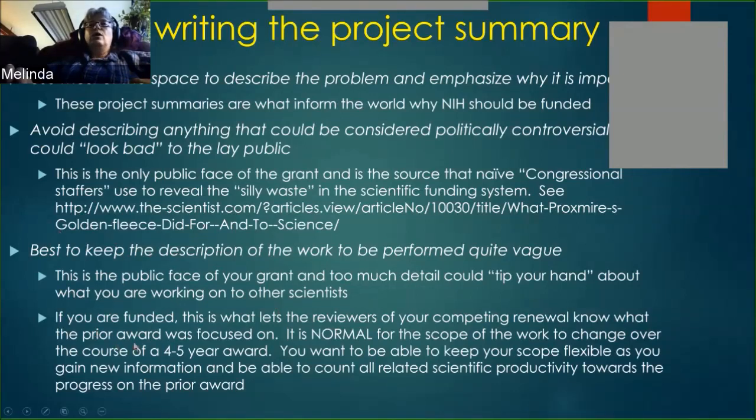Again, this isn't for a K, but if you go into an R that is renewable, the scope of work over a 4 to 5 year grant changes. And if you put what you're doing in your project summary in too much detail, you're almost asking the reviewers in your renewal to hold you to that exact scope of work.